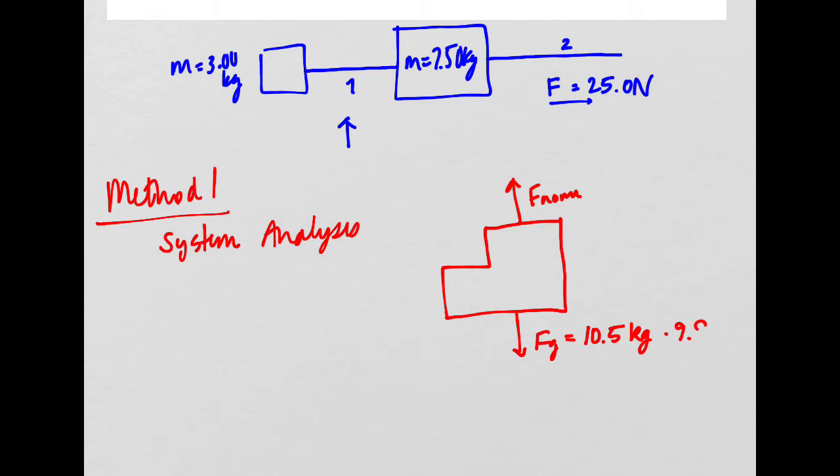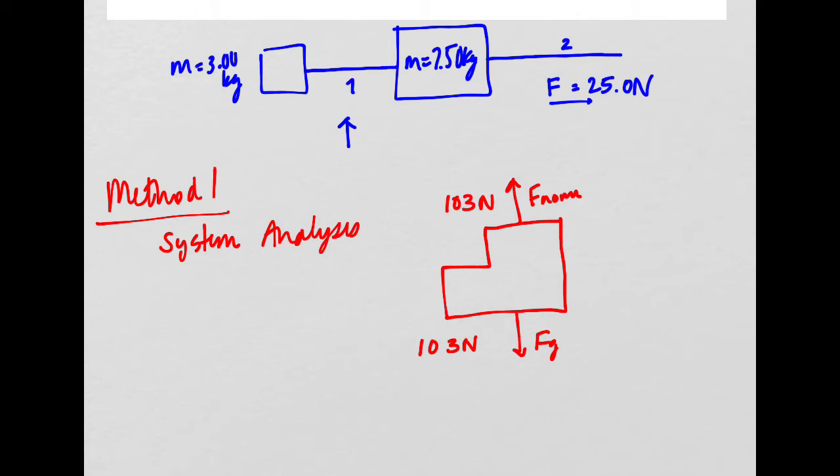Multiply that by 9.8 newtons per kilogram, right? This is mass times gravity. And when we plug that in, we get a gravitational force of 103 newtons. That's going to be the same as our normal force. Okay, so we solved for that.